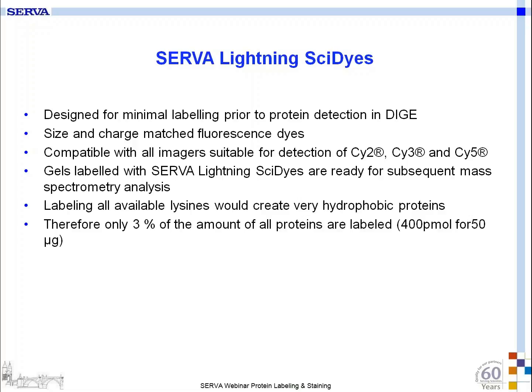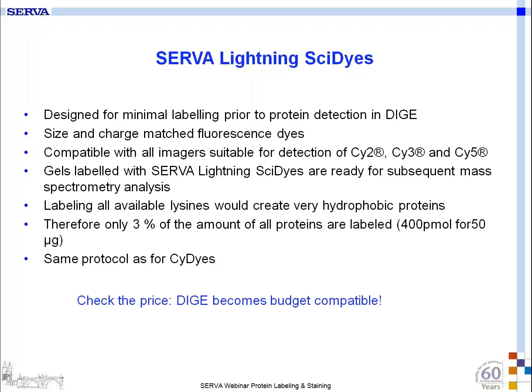It's all the same as in the SciDyes, and therefore it's also the same protocol as for the SciDyes, as both substances are the same. And if you come back to us, we tell you the price if you are interested, and you will see that the budget is absolutely compatible.